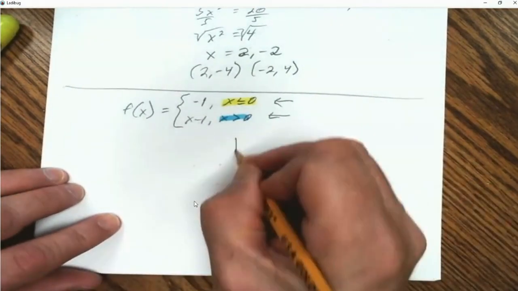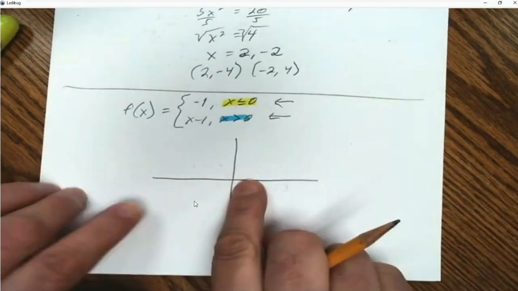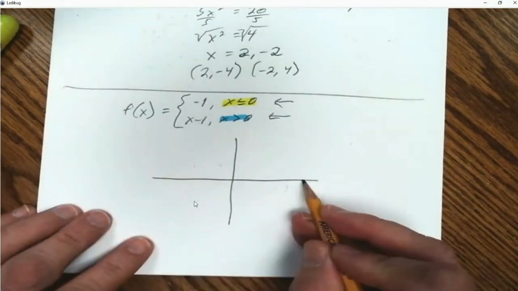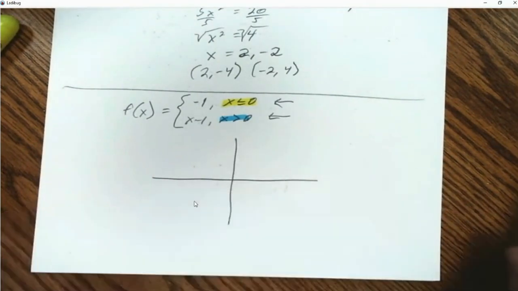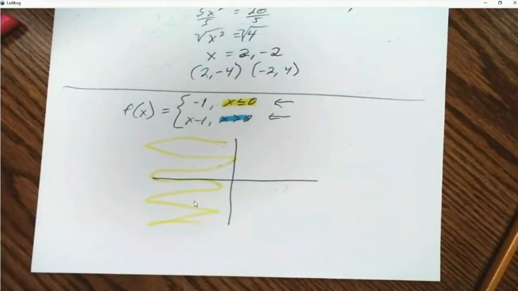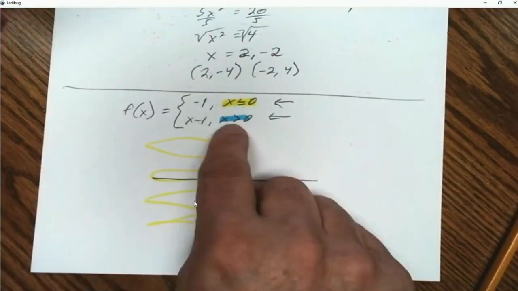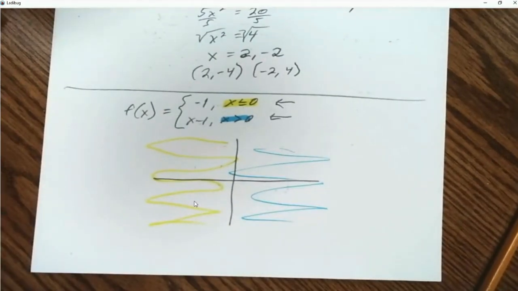So if we were graphing that, x is less than or equal to 0 means everything from here to the right. Oh, I'm sorry, to the left. So when x is less than 0, that's all this area over here. And then x is greater than 0 is anytime the x is over here. So what does the graph look like?